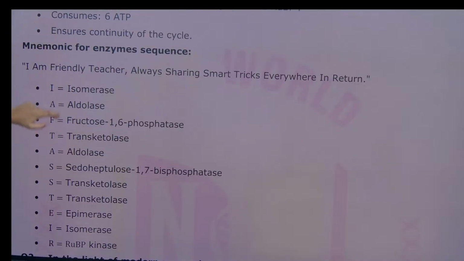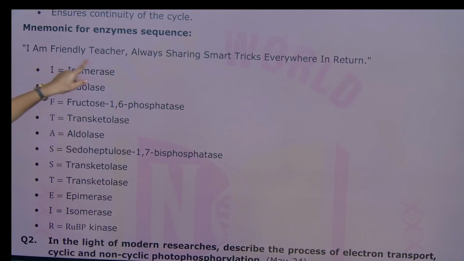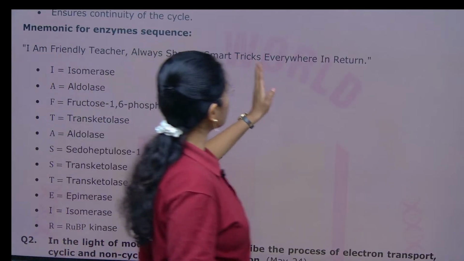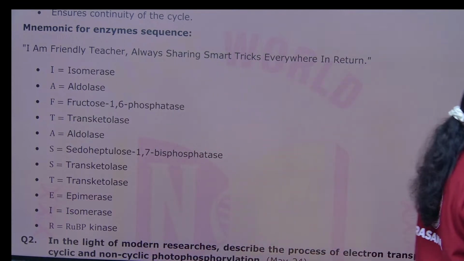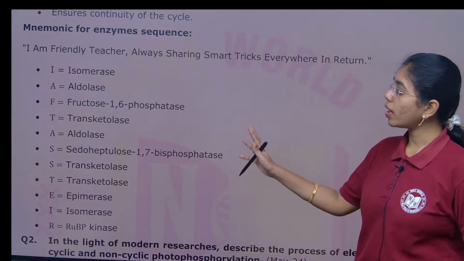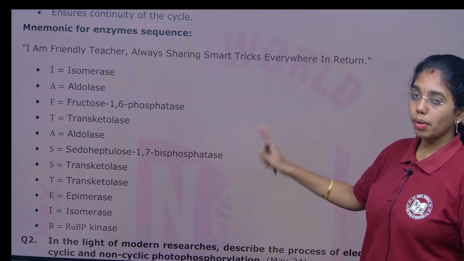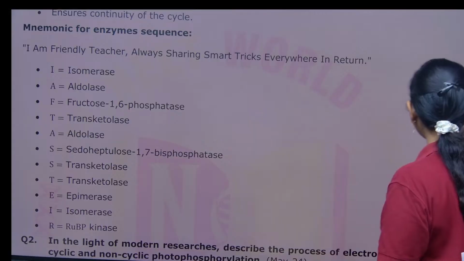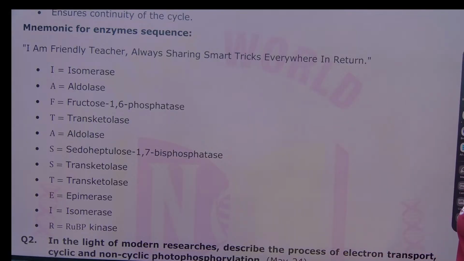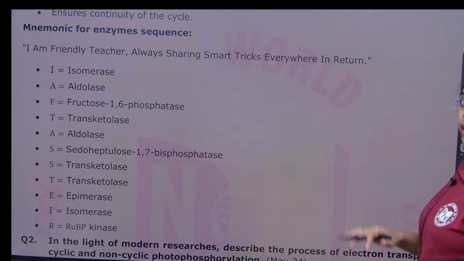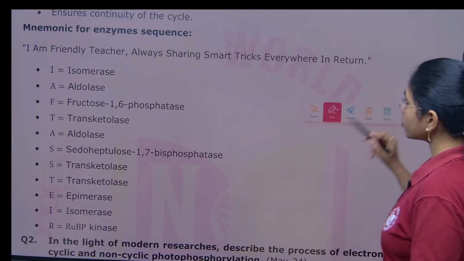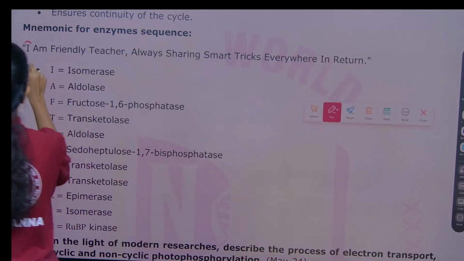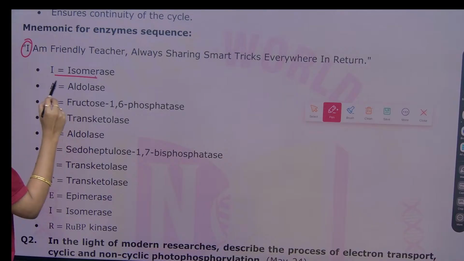I am friendly teacher, always sharing smart tricks everywhere in return. Okay. This is the mnemonic which I gave for remembering the 10 reactions in the regeneration step. First you note down the mnemonic and then we will get into the details of each reaction. I is what? Isomerase, fine.